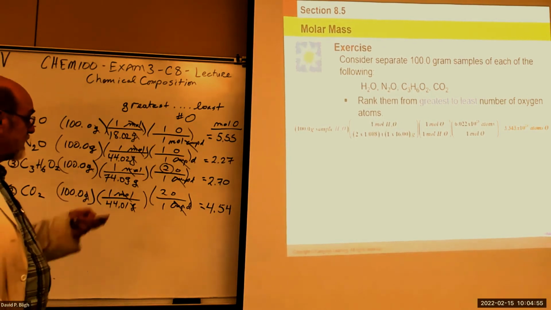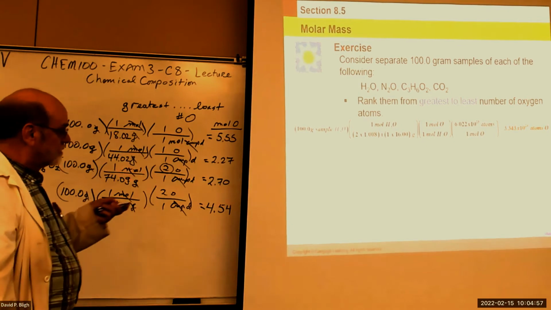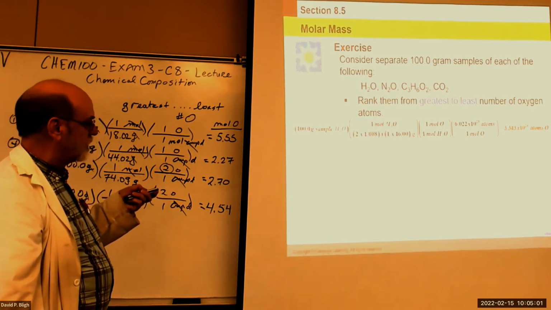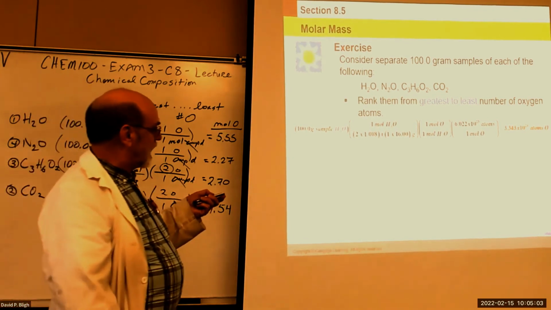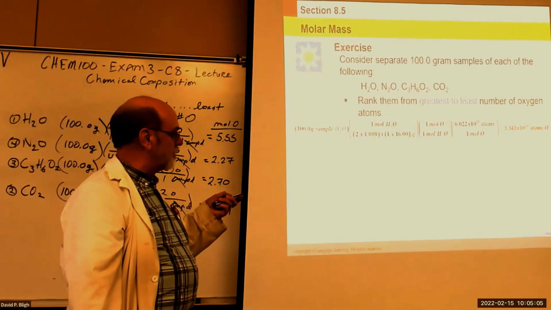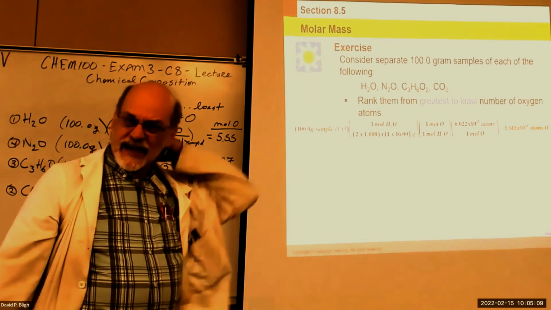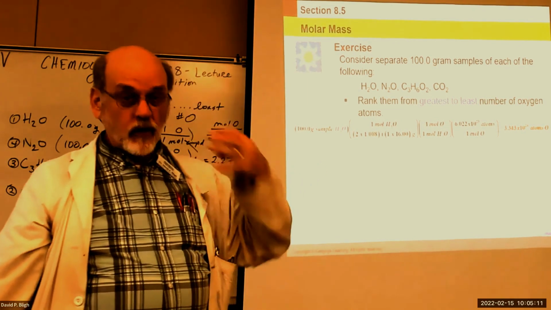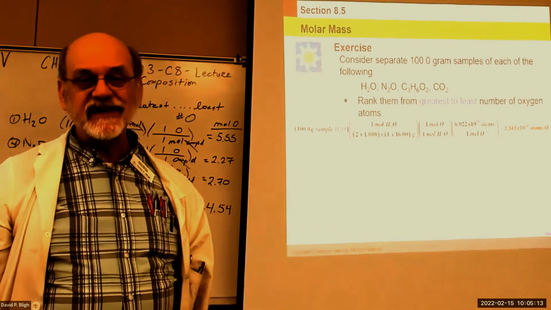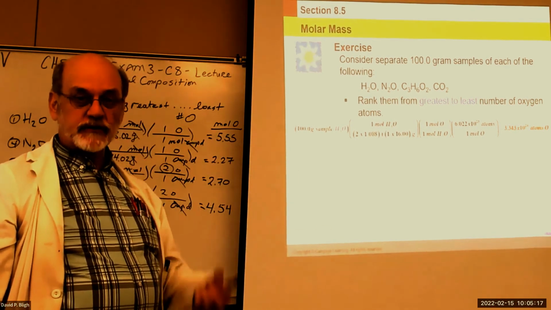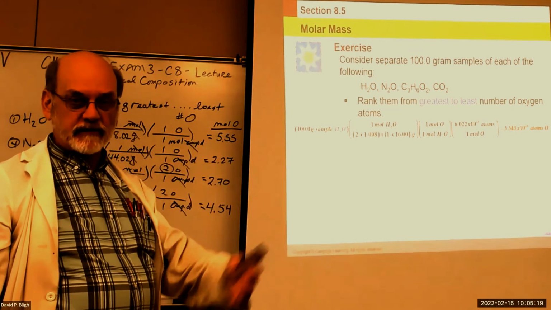We did the same thing here as I did here. Cancel grams, leaves us with moles of the compound. And then the ratio of the moles of oxygen to moles of compound. Now, this one goes ahead and calculates atoms, but in order to rank them in order, you don't need that. All you need is moles, because moles represent numbers of.